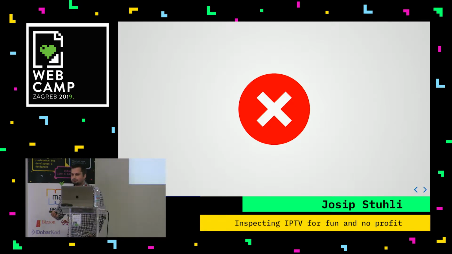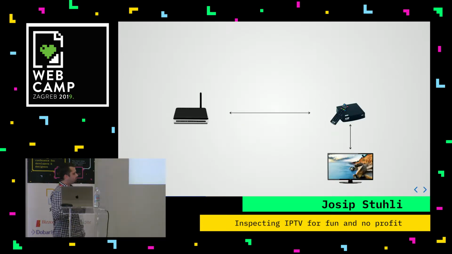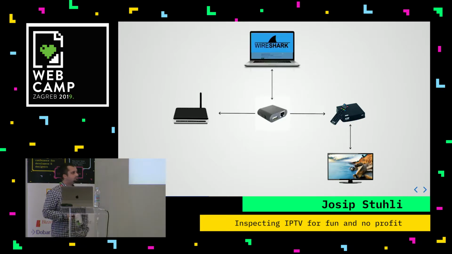And then I remembered, this is the setup. Like, I have my router, I have my STB, which should do all of the processing, and in between them, there is an Ethernet cable. And what you can do, you can put a network tap between those 2 devices and see all of the traffic flowing in between. Now, network taps are fairly easy to come by.